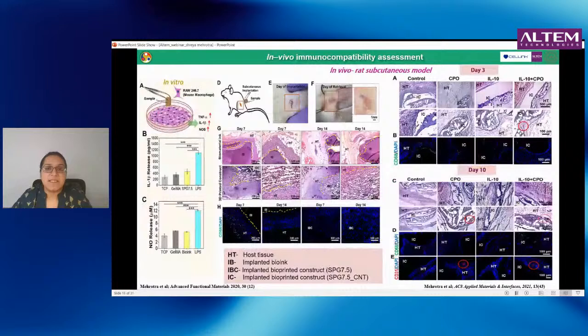And then when we implanted these bioinks in a subcutaneous model in rats, we could see that definitely there was no immune response for the bioink alone, or the bioink having carbon nanotubes as conductive fillers, as well as these microspheres modulating macrophages.